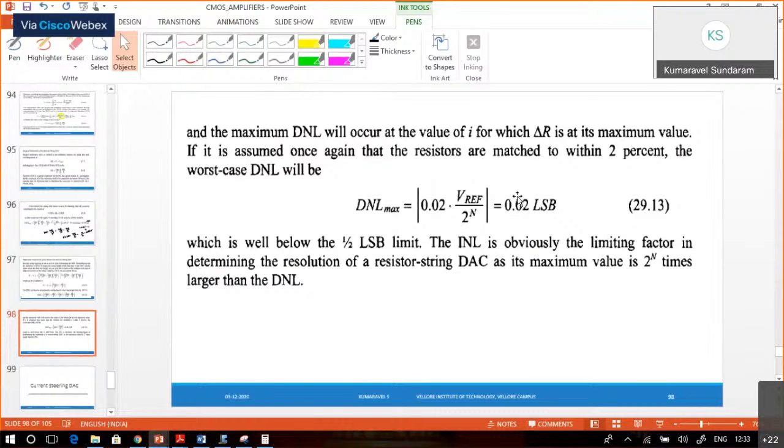That is the idea I am delivering. Okay, right? Are you able to follow these INL, DNL concepts?